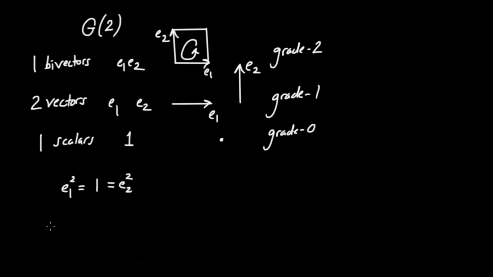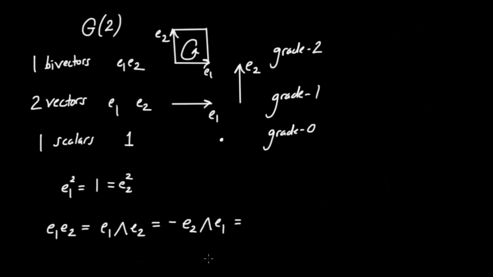The second one is what happens when we multiply e1 and e2. Remember that the geometric product has a dot product part and a wedge product part when you multiply two vectors together. In this case, the vectors are orthogonal, so the dot product part disappears, so this is just equal to e1 wedge e2. Also remember, with the wedge product, we can flip the order of these two, we just have to stick in a minus sign. So this is equal to minus e2 wedge e1.